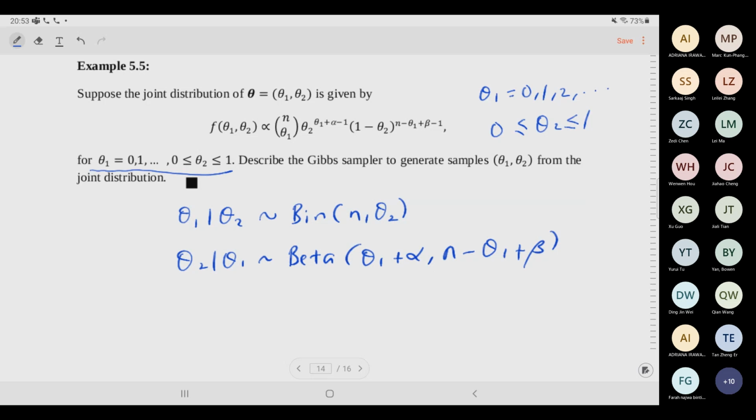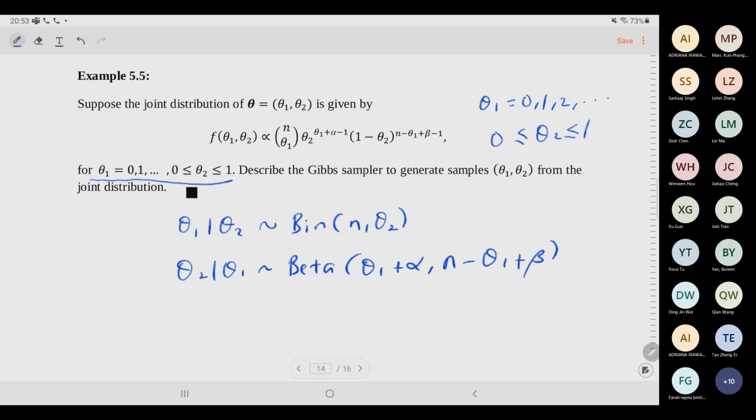But if you look at your conditional posterior, here is theta 1, and this is theta 1 there. If you rearrange and get rid of the other things, it will have a binomial kernel.